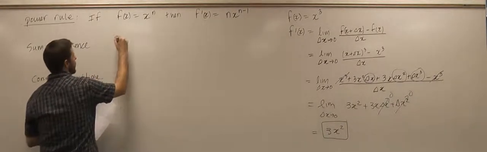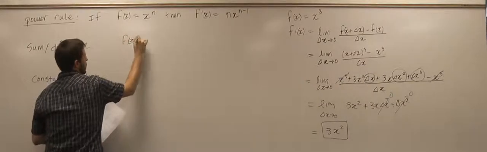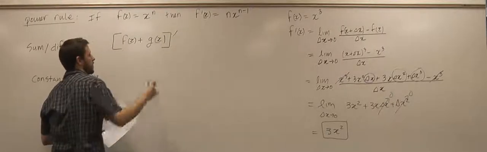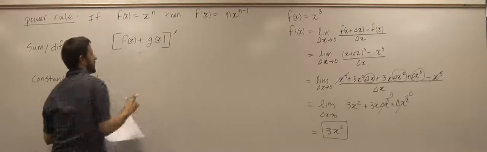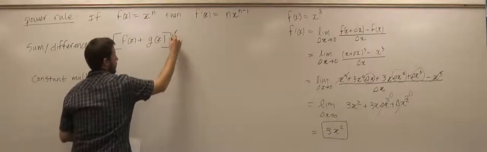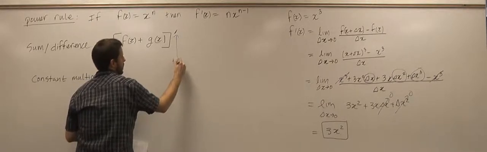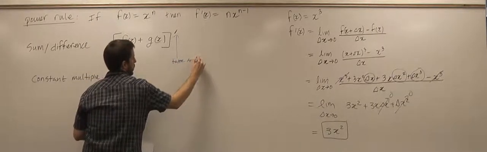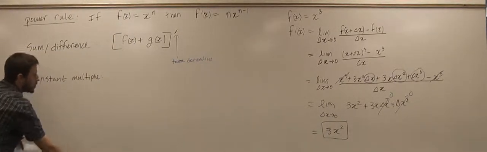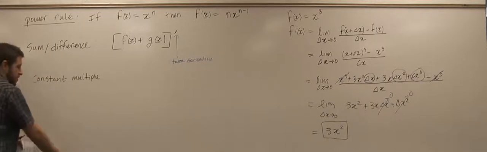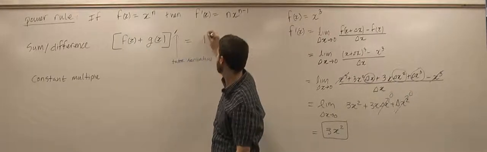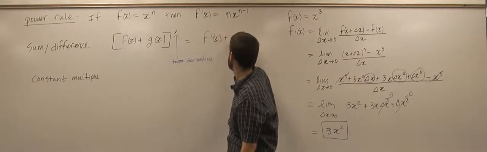So the sum and difference says if you want to take f of x plus g of x and do the derivative of that whole sum, let's take the derivative. That's equal to doing the derivative on each individual function. So this is the same thing as just breaking the problem up into f prime of x plus g prime of x.